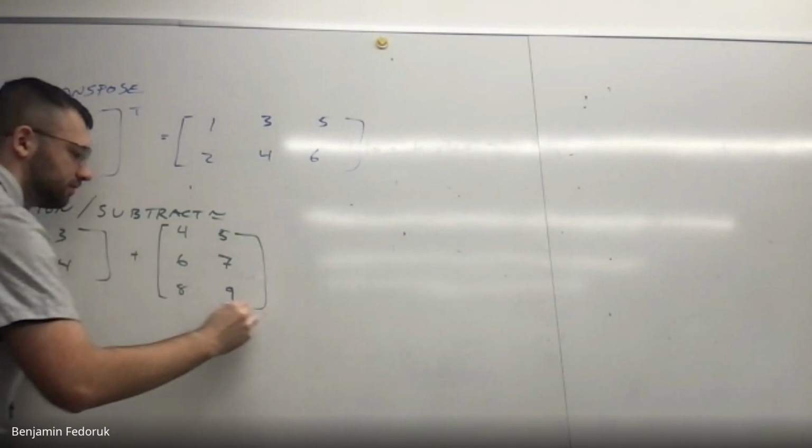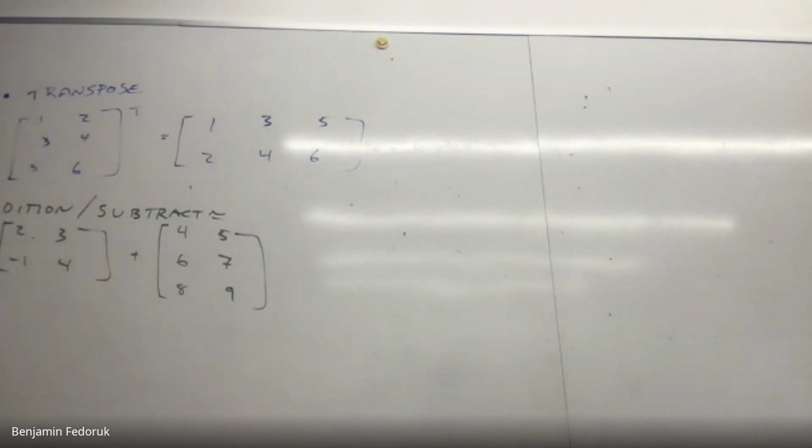What's the result? Exactly, you can only add or subtract if they're the same size. This one's 2 by 2, this one's 3 by 2. So yeah, they have to be the same size.